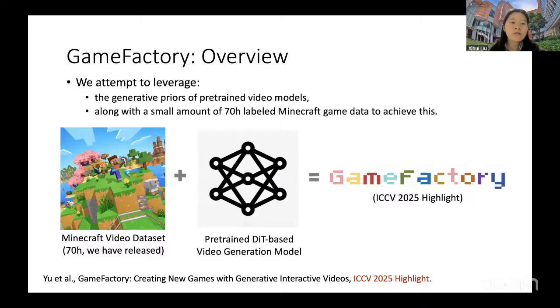So in this work called Game Factory, we attempt to leverage the generation priors of pre-trained video models, which enables us to have the generalization capability and a very small amount of labeled game data to achieve generalizable action control, not only working on the training domain, but also can be generalized to any pre-trained videos.